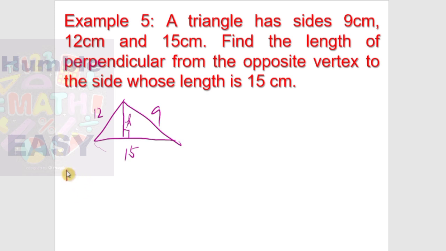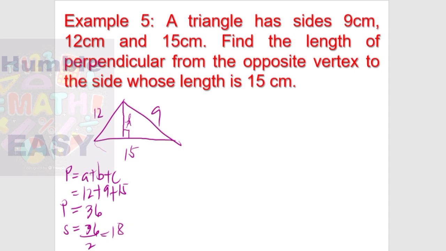So the first thing that we should do is get the perimeter first, and we have here 12 plus 9 plus 15. So 21 plus 15, and that is 36. So P is 36. So S now is 36 over 2, and that is 18.